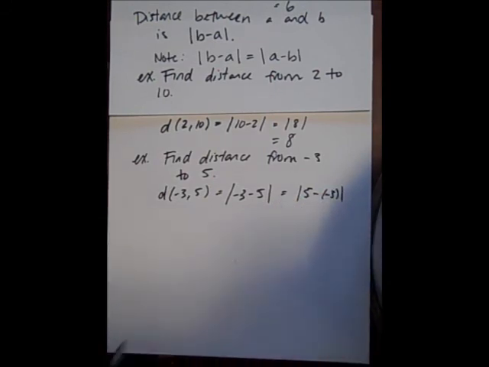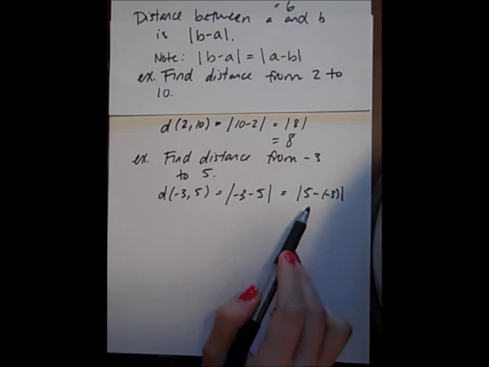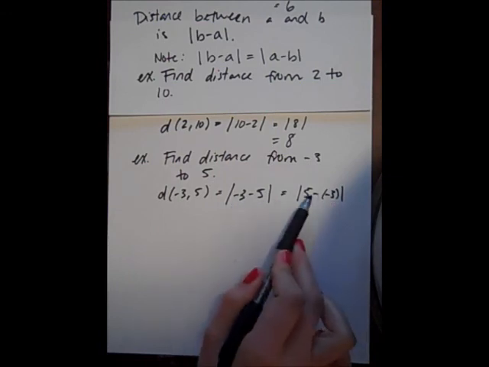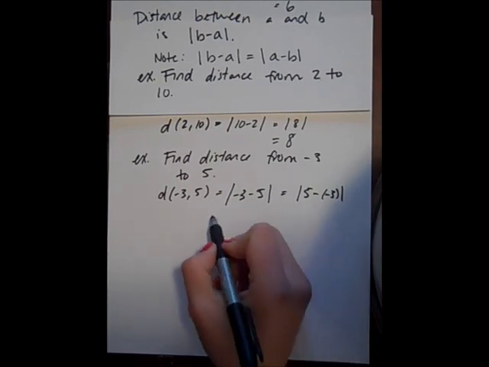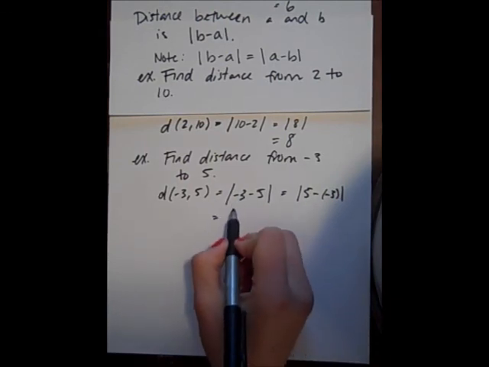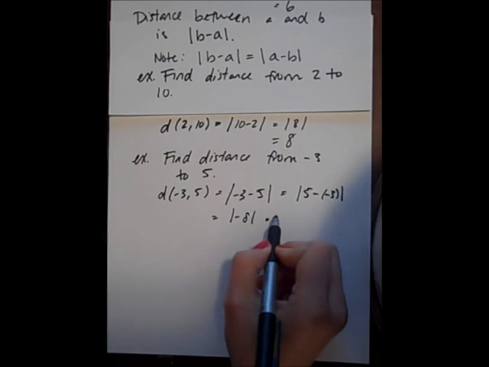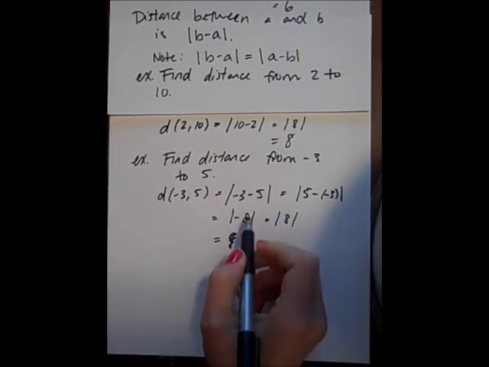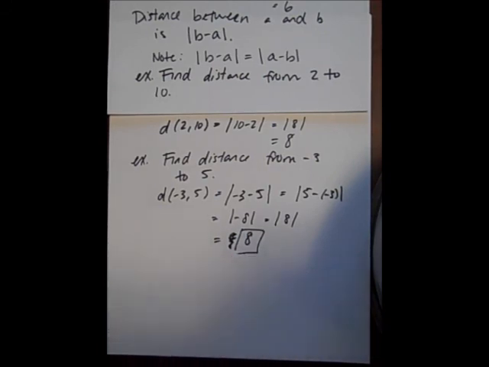Here's where you want to be careful with your negatives. It's always one number minus the other, so it's 5 minus negative 3, or negative 3 minus 5. You have to take into account both of these negatives. The first one gives negative 8, the second gives 8, but the absolute value of both is 8. So let's put a box around that. The distance from negative 3 to 5 is 8.